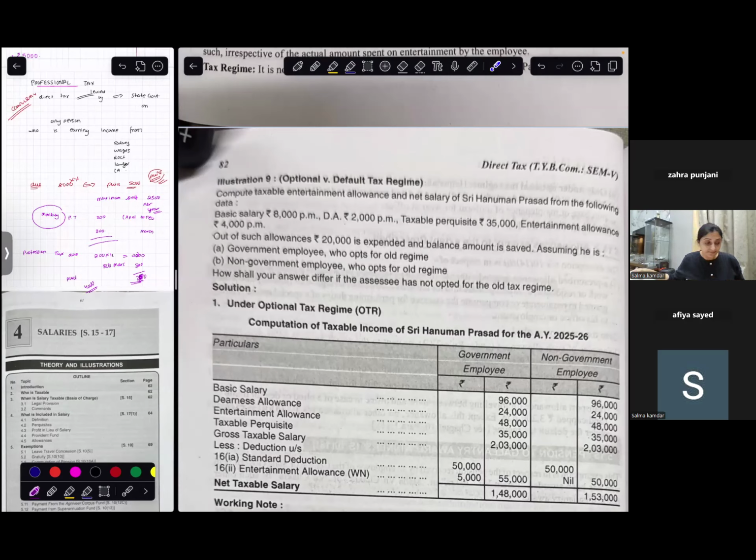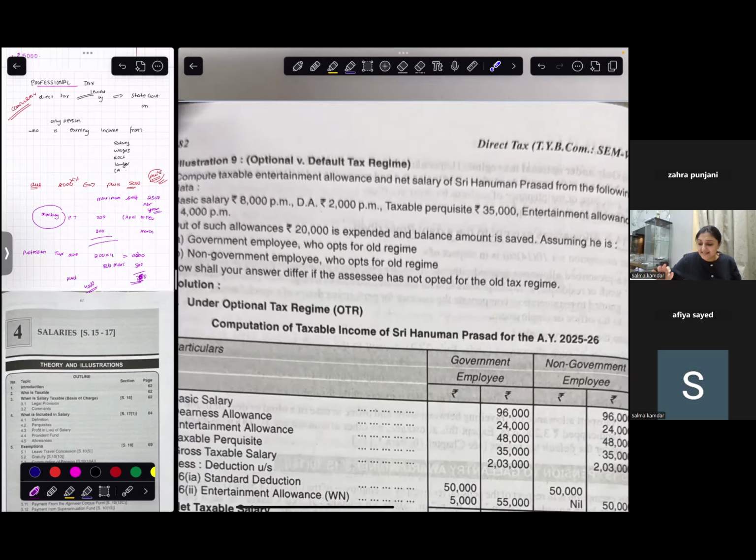Entertainment allowance is only for government employees, and it is deducted on the least of the amount received, or one-fifth of the salary, or rupees 5,000. Okay, fine. So they want us to calculate this entertainment allowance first, and they want us to calculate his net salary.